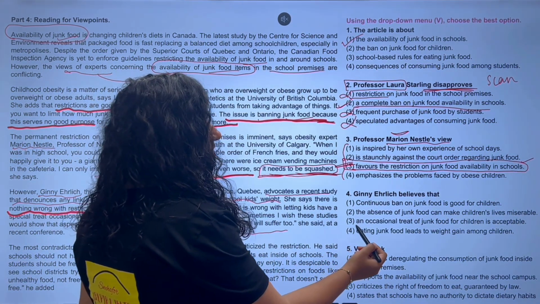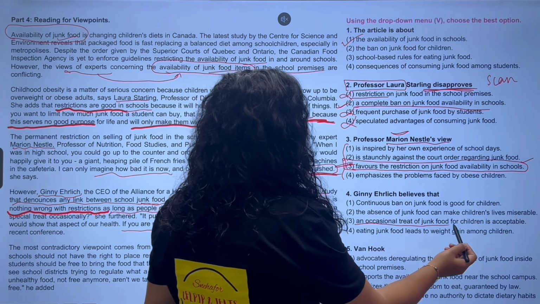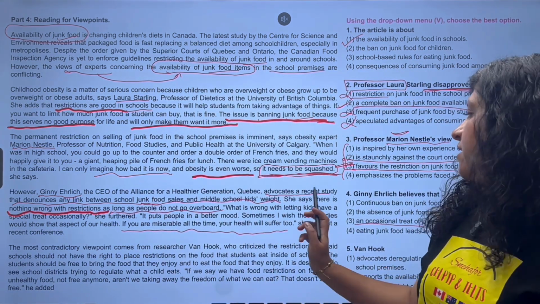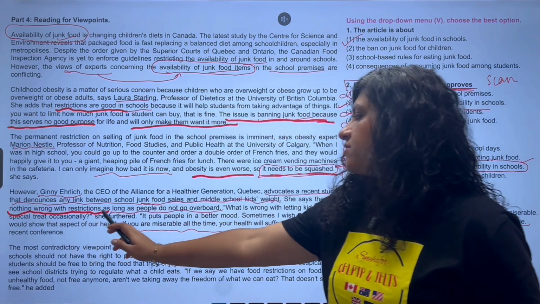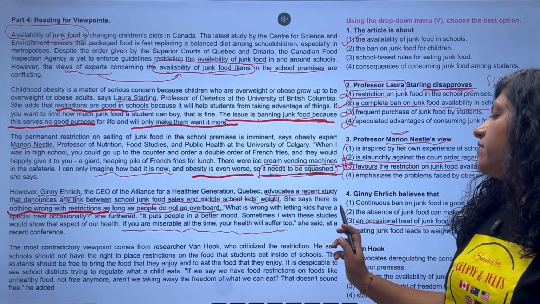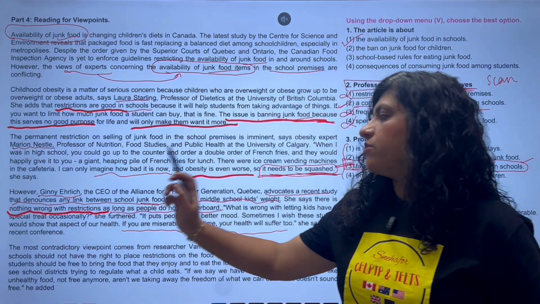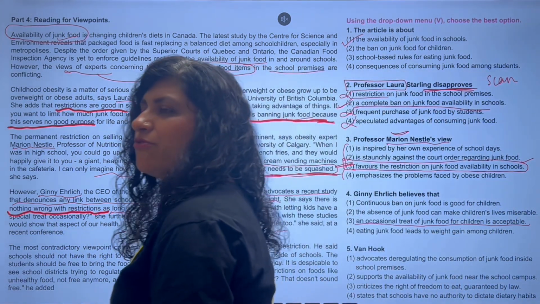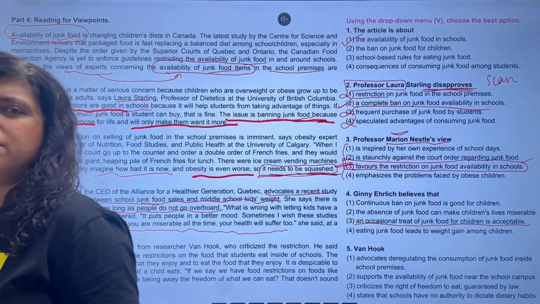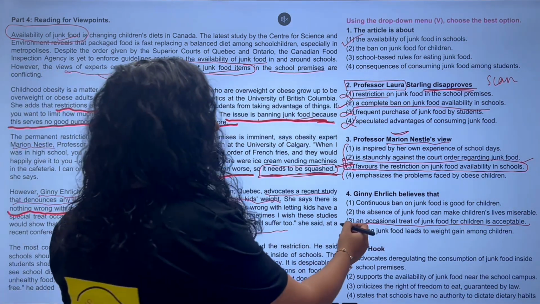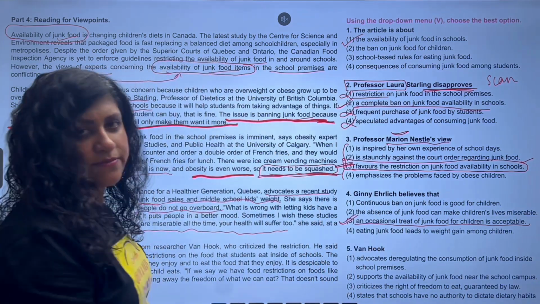Clearly, she says that an occasional treat of junk food for children is acceptable, when she says there is nothing wrong with restrictions as long as people do not go overboard. What is wrong with letting kids have a special treat occasionally, right? So if they can have junk food sometimes, there is nothing wrong in that. So it's acceptable. So 3 would be the answer.